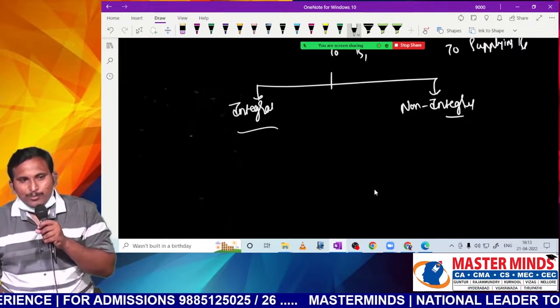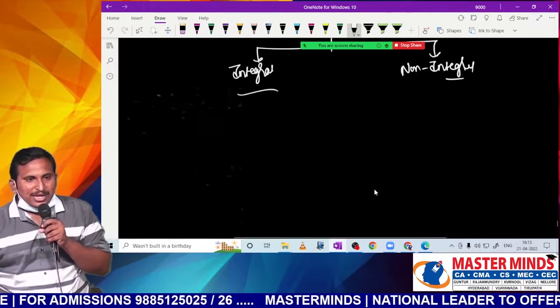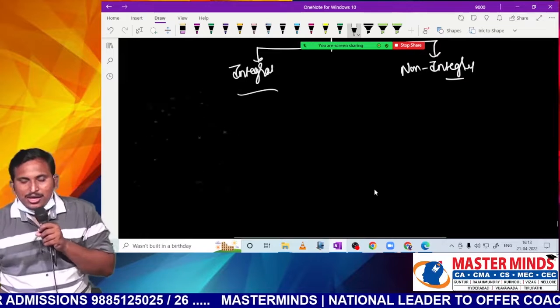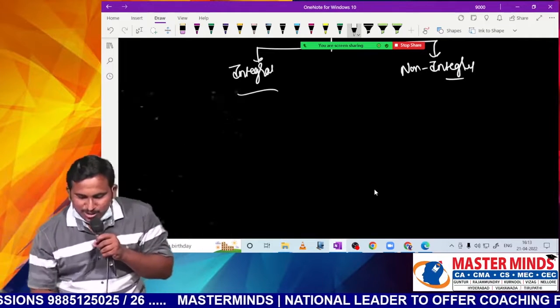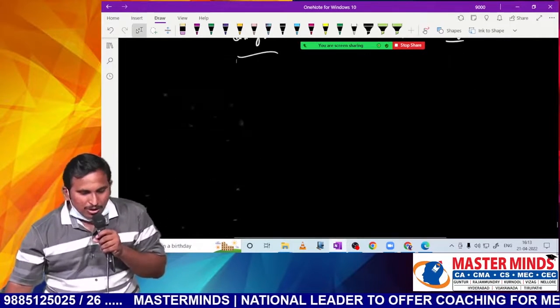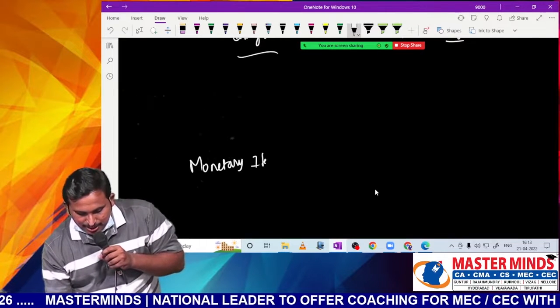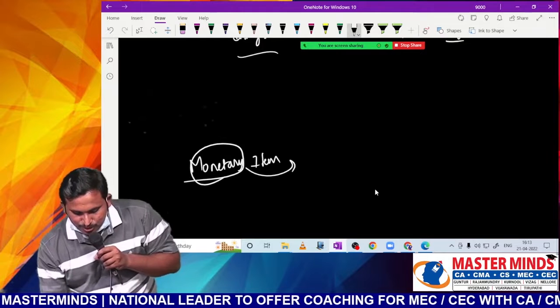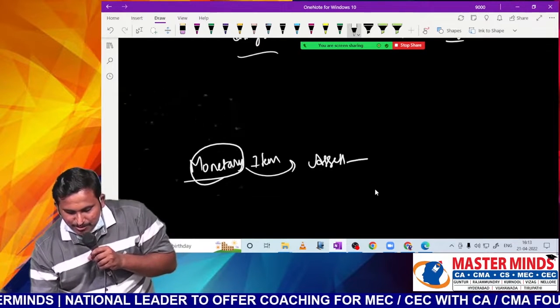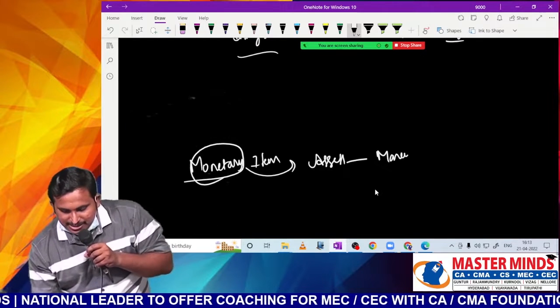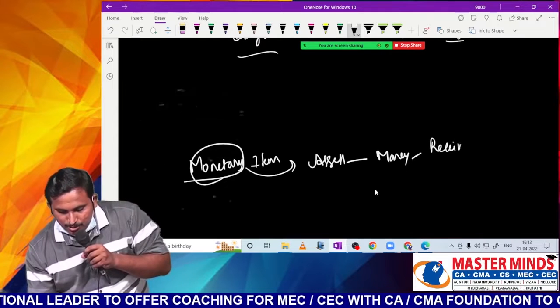Now we should know one point, sir. For the purpose of foreign branches, particularly for recording, items are divided into two types. One is monetary items, the other one is non-monetary items. What are monetary items, sir? The name itself conveys that monetary items refer to any assets expressible in terms of money, either receivable or payable.